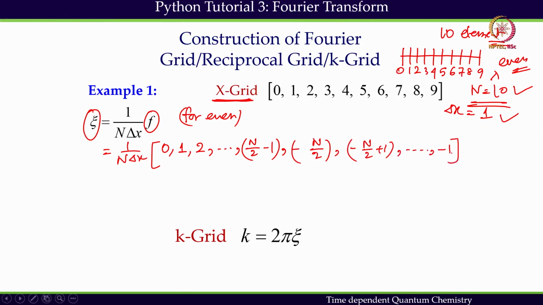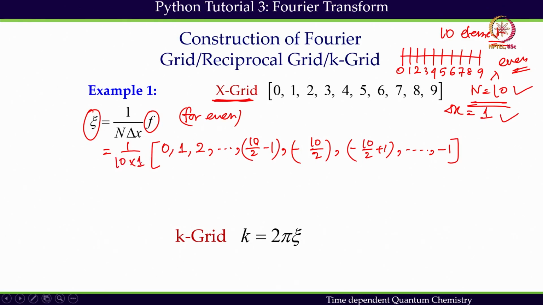So, we know that n equals 10. So, it is going to be 10 by 2, n is here 10, and delta x is going to be 1.